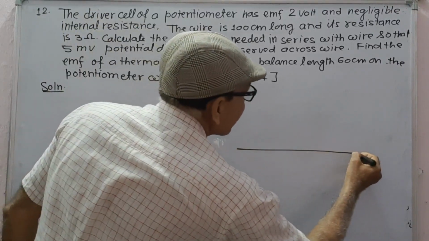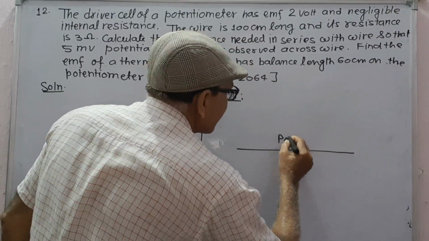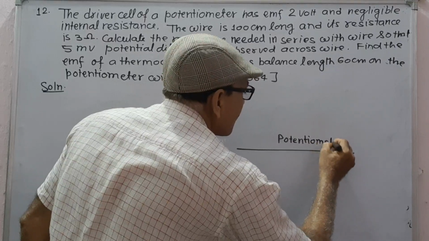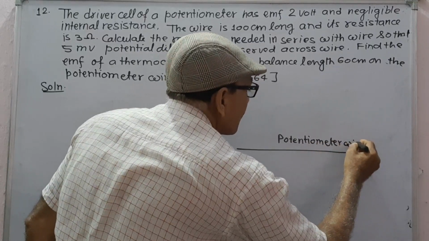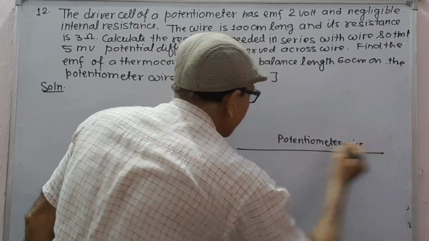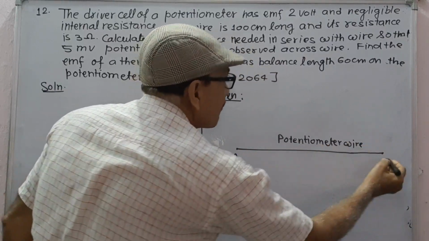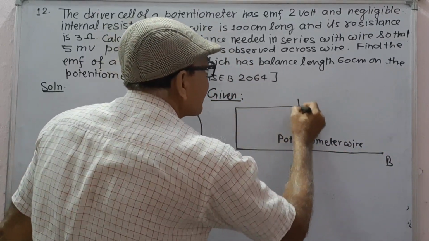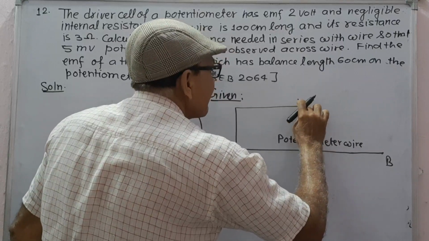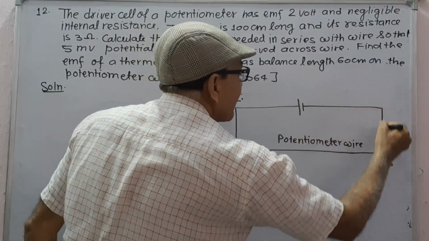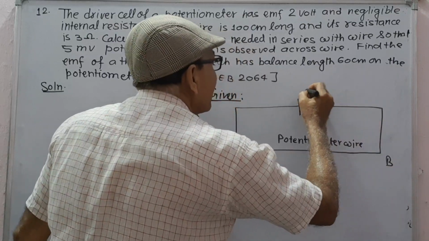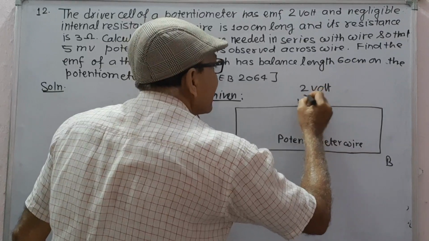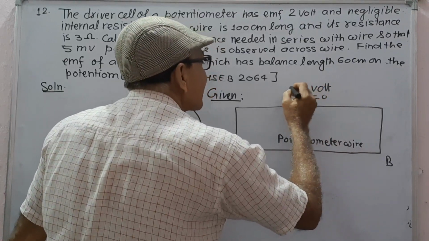Suppose this is potentiometer wire AB and a voltage source of EMF 2 volt and negligible internal resistance.